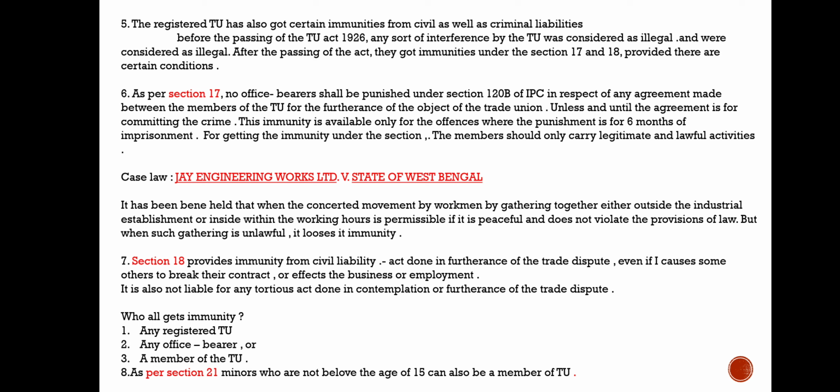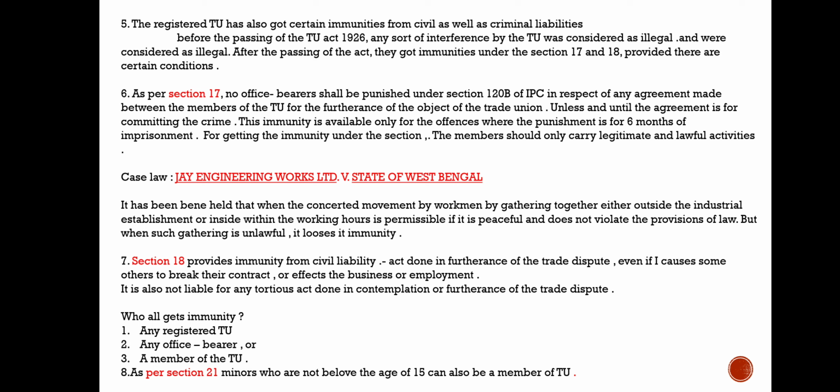So, if the members or the office bearers are doing any activity that is actually for the furtherance of the trade union, that is, for what purpose the trade union has been established with regard to employment, with regard to labor difficulties, with regard to better payment, etc., then such office bearers can't be prosecuted under section 120B.